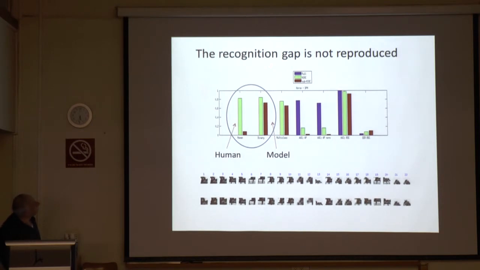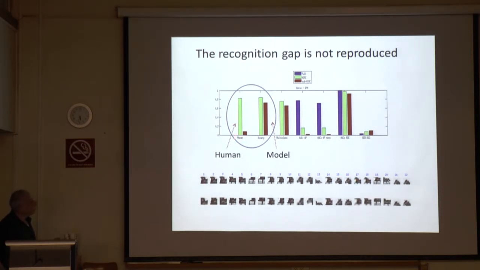To show you, this is one of the previous models, DPM. What I'm showing here, just to show you what I mean by the results, this bar on the left is the difference in recognition rate between all the recognizable images of the horse and the sub-images.